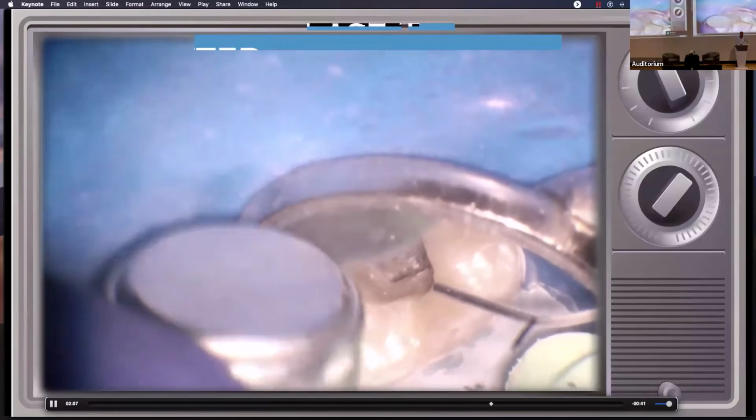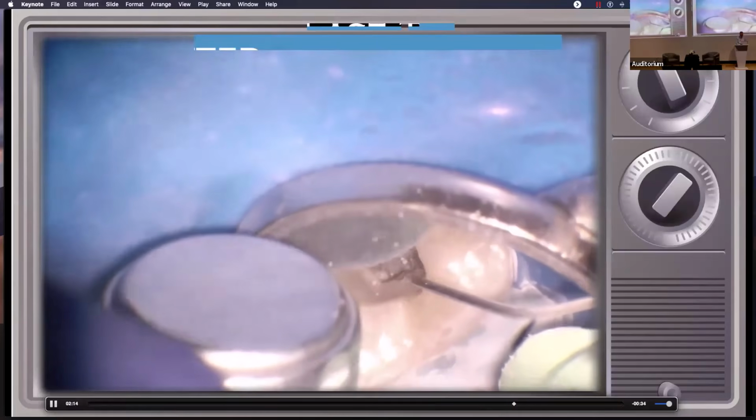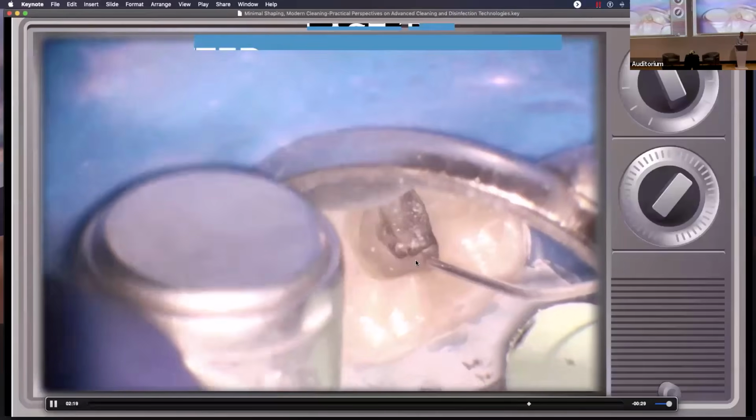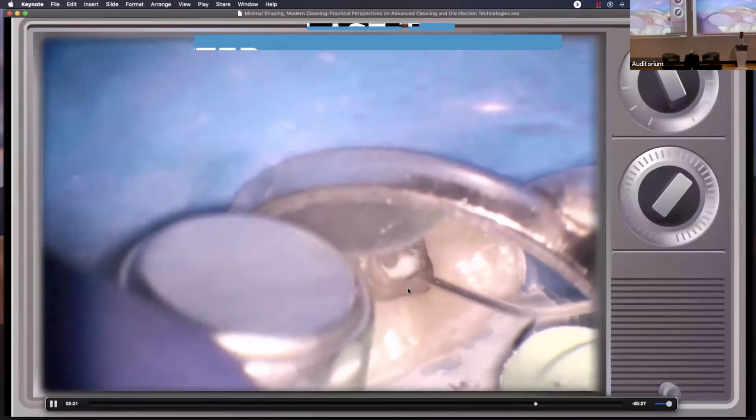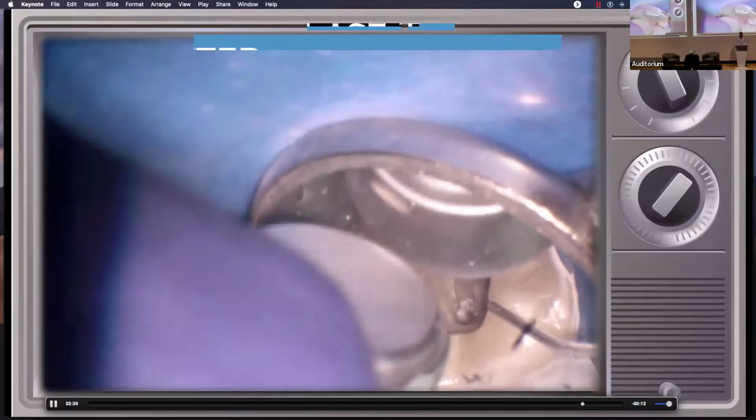We're following the pulp tissue remnants. That's the DL. Moving to the DB.